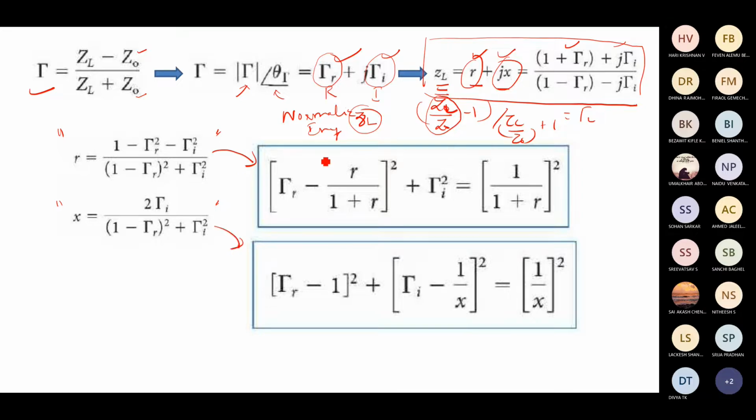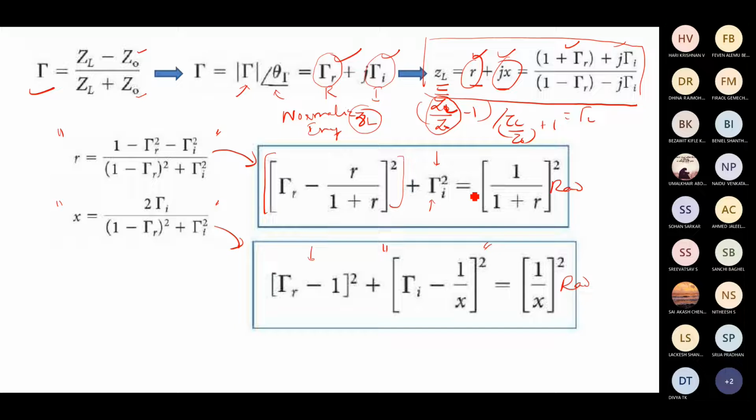In this circle equation, what you see on the right hand side is the radius, and this is the function, and this is the corresponding orthogonal function. Similarly here, this is the function and this is the orthogonal function, exactly opposite of that. When you take the square of that, you will get 1, and this is going to be the radius.